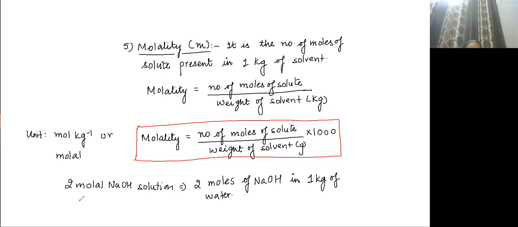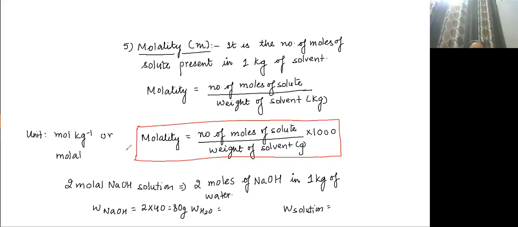Now, can you tell me what is the weight of NaOH in this? What will be the weight of water and what is the weight of solution? NaOH is 2 moles. So the weight of 2 moles is 2 into its GMM. 23 plus 1 is 24, 24 plus 16 is 40. So 2 into 40, that is 80 grams.